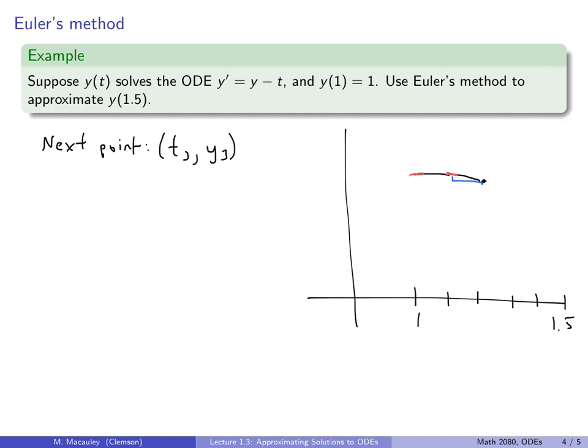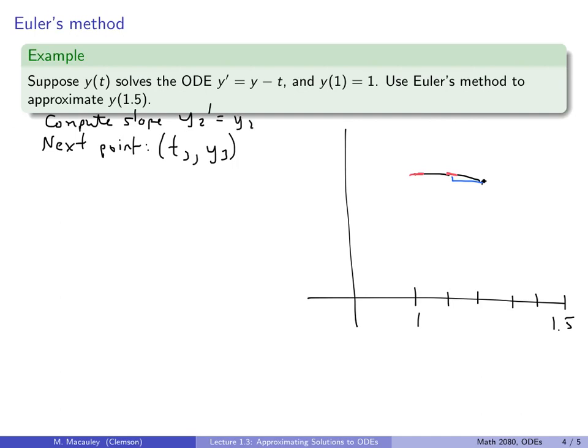So our next point is, well, actually, hold on. Before we compute the next point, I should actually compute the slope. So our robot is right here, and this robot says, where should I be pointing? So the slope is y2 prime. I probably should have finished this on the last slide, but it's fine to do it here.